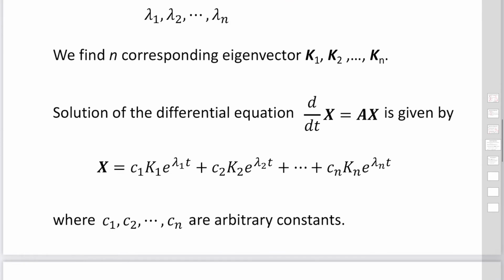Then the solution of the homogeneous differential equation is given by c sub 1 times k sub 1 times exponential lambda 1 t, which corresponds to x sub 1, and c sub 2 times x sub 2, up to x sub n. By summing up the n terms, we create a general solution of the differential equations.